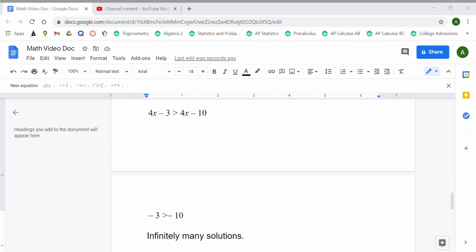This is where you have no solution at all. But then, if you shade the entire number line, you might not have a circle, but you can see that there are solutions. This means that this is a graph that shows there are infinitely many solutions.